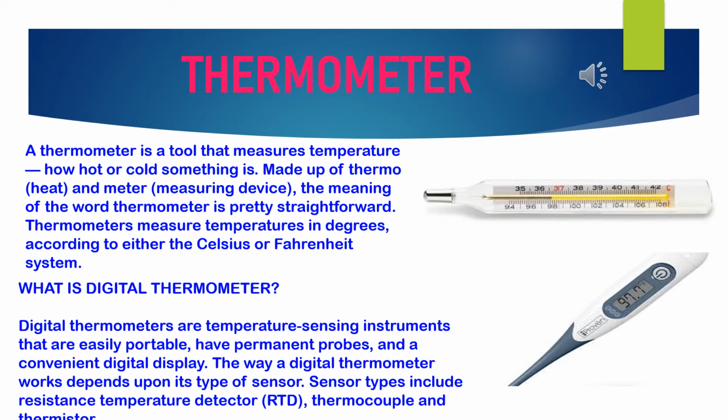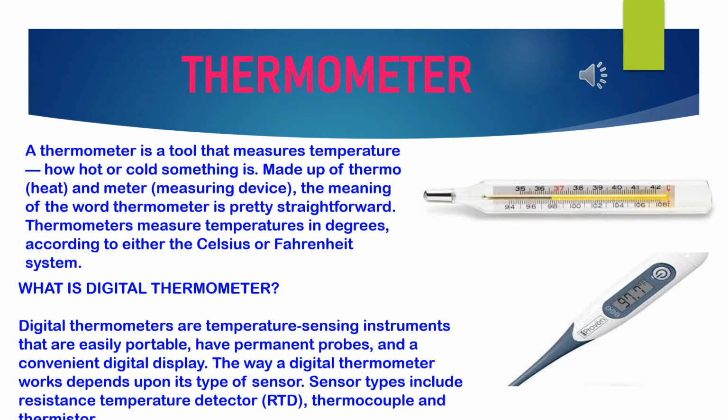The positions of the mercury thread at the ice point and steam point are marked, and then other temperature positions are calibrated. The bulb of the thermometer is kept in contact with the body whose temperature is to be measured, and the position of the mercury column in the tube is observed. From this, the temperature of the body is known.